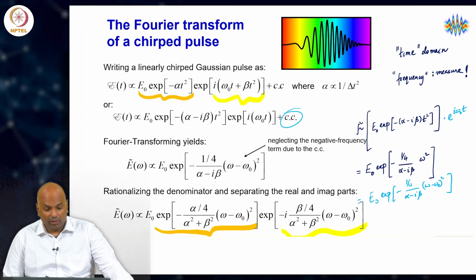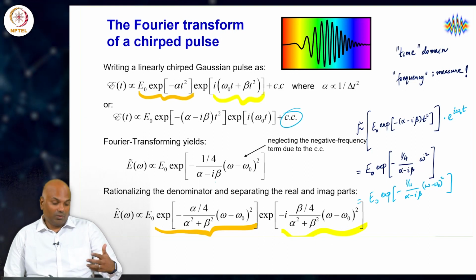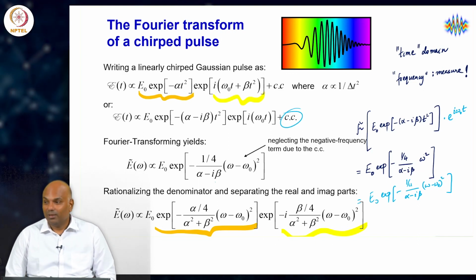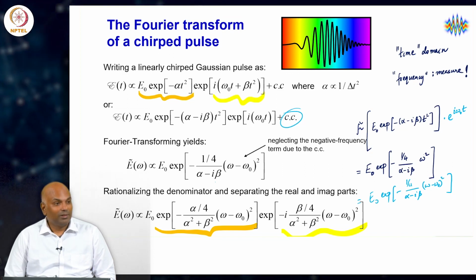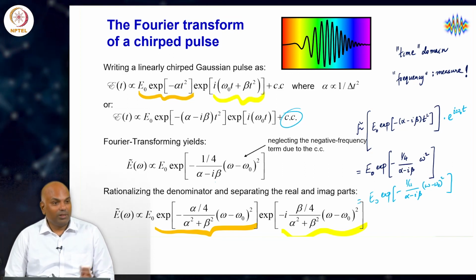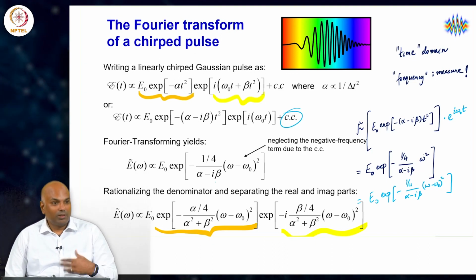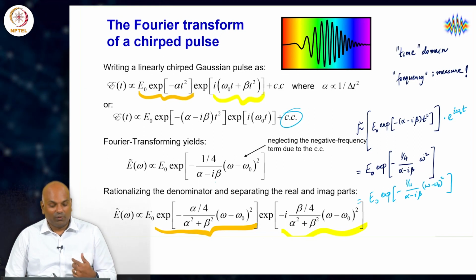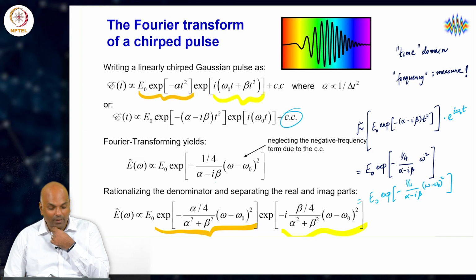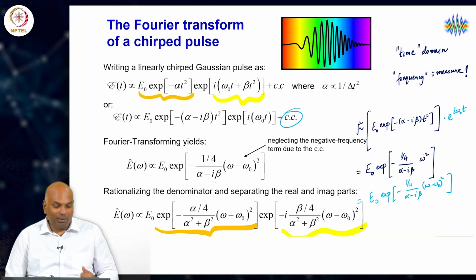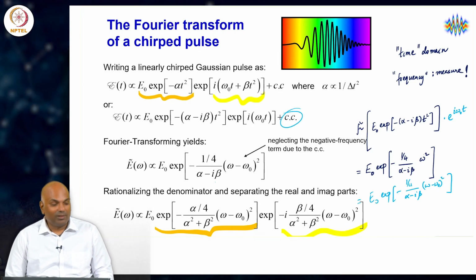This is an important entity. Now, does this lead you to thinking about something? I have two Gaussians, a Gaussian in the temporal domain and a Gaussian in the spectral domain. What does, especially a student of physics, would immediately want to, yeah, maybe play around with these factors.